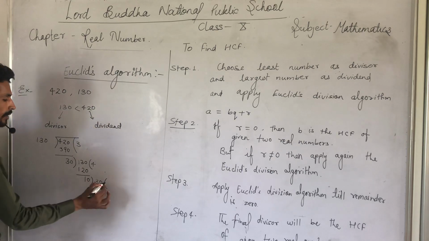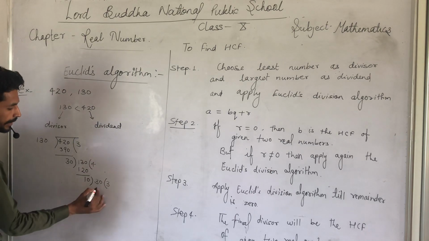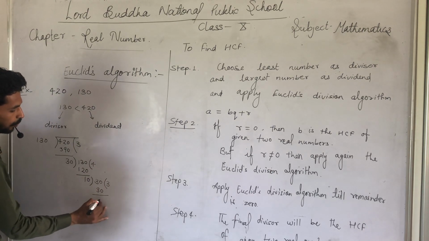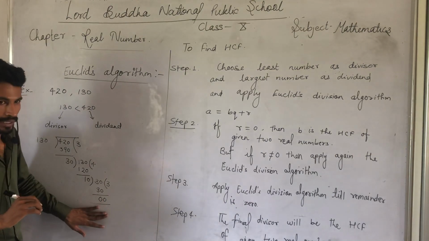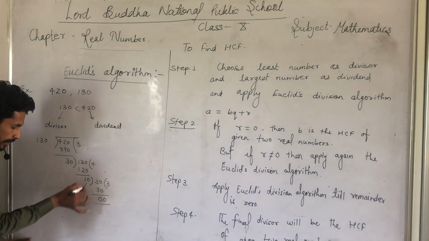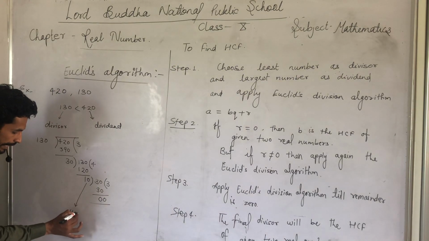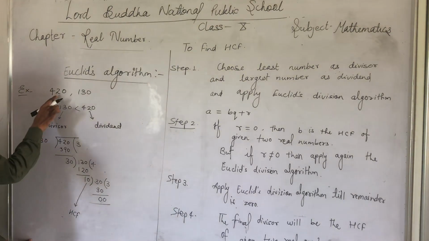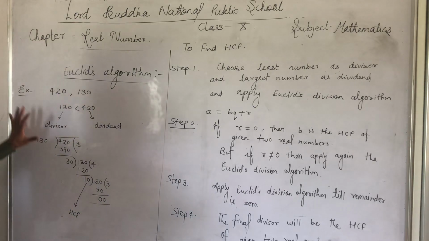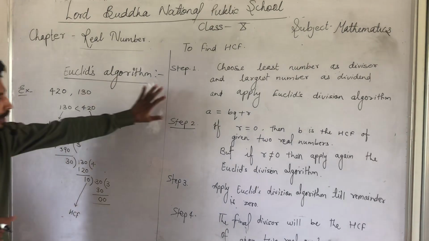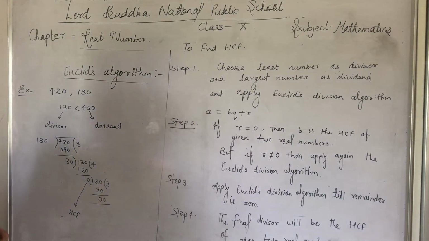So 10 times 3 is 30. Now the remainder becomes 0. Then stop the process here, and this divisor will be the HCF of 420 and 130. So this is the process for Euclid's division algorithm.